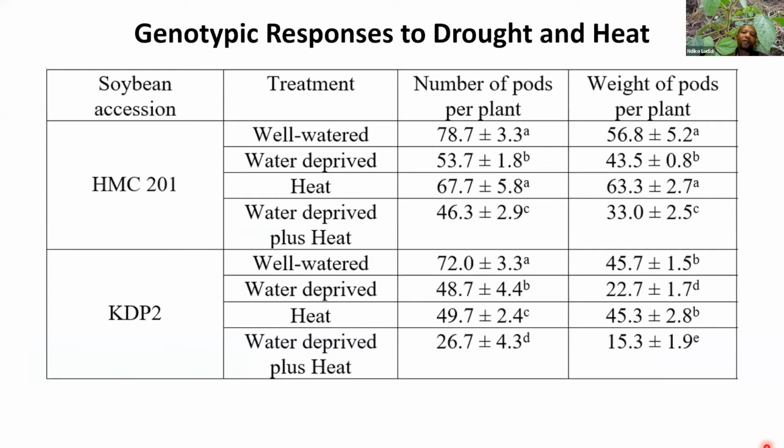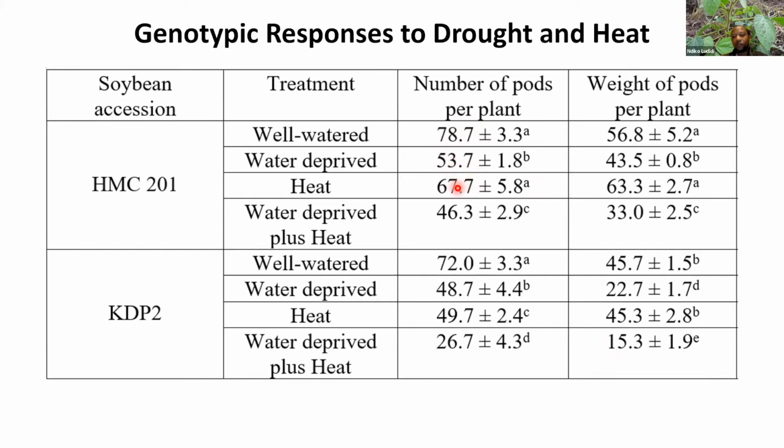Just to go back to the little bit that I talked about in terms of the number of pods, which is eventually related to yield. If one looks at well-watered conditions, HMC 201 has about 80 pods, and then under water-deprived conditions, that decreases to about 50.